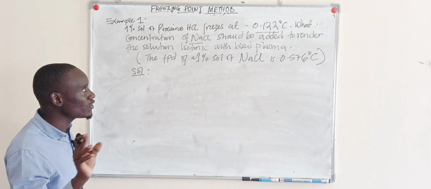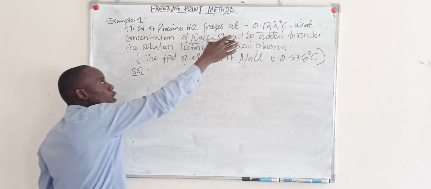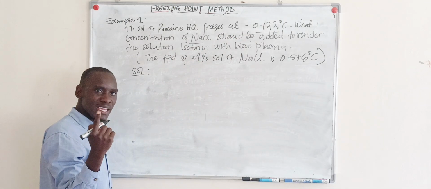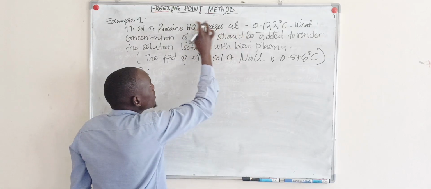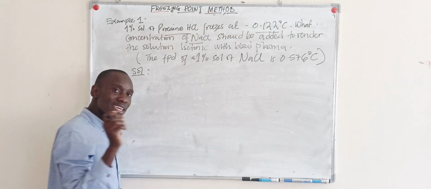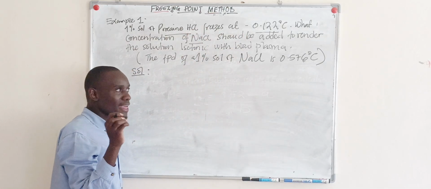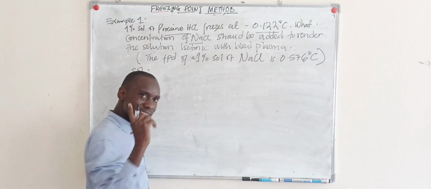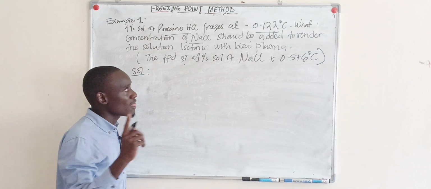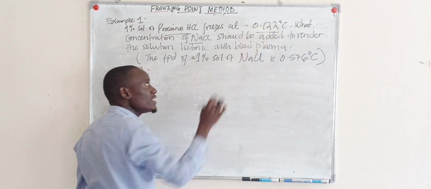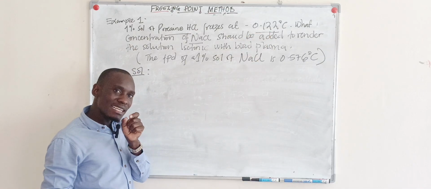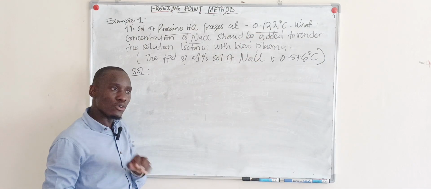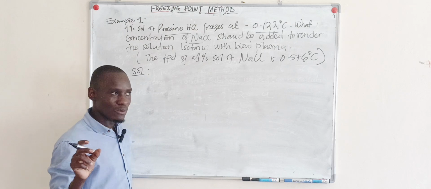The first thing always is to compare. If you have one ingredient, like in this question where we have only procaine hydrochloride in the formula, that means we have a single substance. So we are going to compare the freezing point of procaine hydrochloride with that of blood plasma, because it is the standard we have.